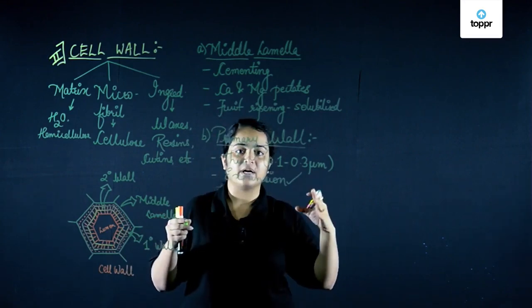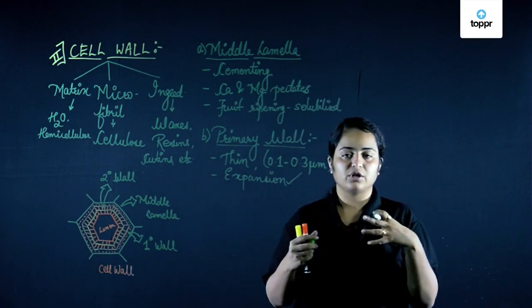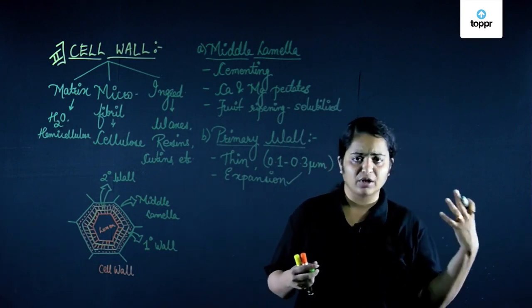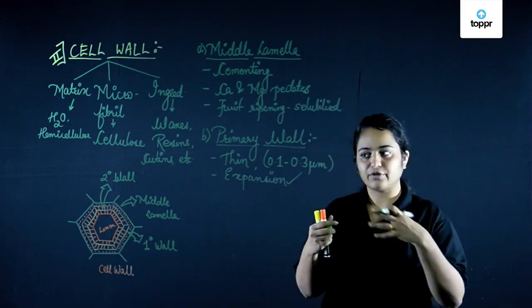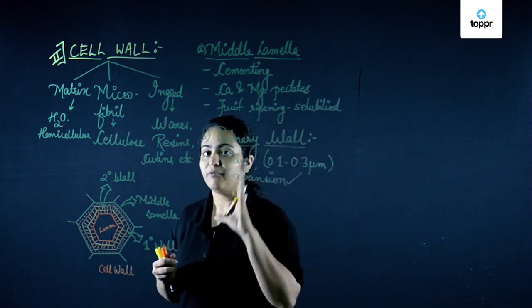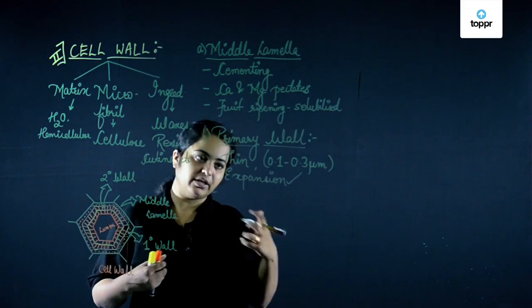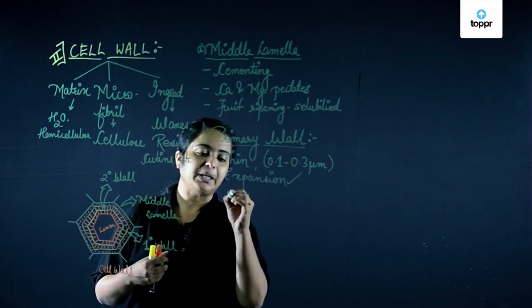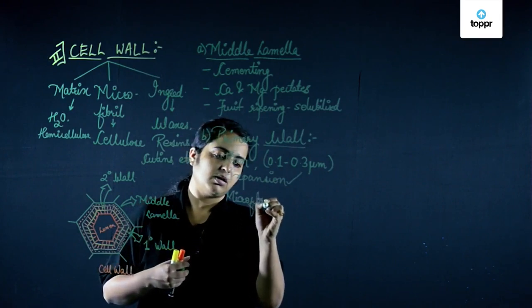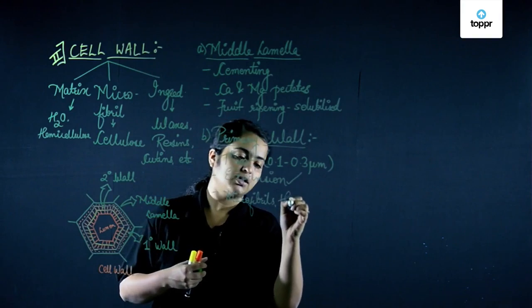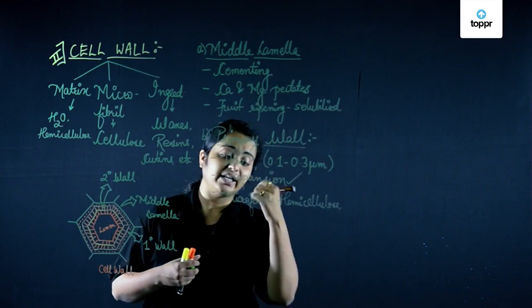Now when the cell is growing, and not only growing, when it is facing turgor pressure or osmotic pressure or any kind of pressure from the adjacent cells, it can expand, it can grow, and as a result it helps the cell from bursting. Another important thing: since this is capable of expansion, it is quite flexible, so it will definitely be made up of microfibrils of cellulose, and it also has other components like hemicellulose and water to a very large extent.